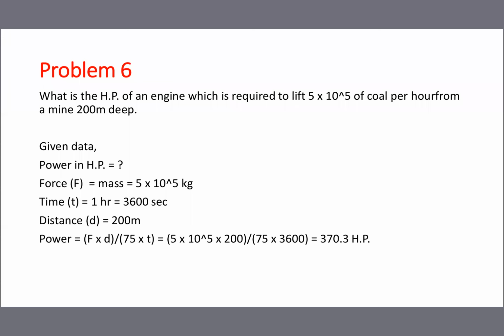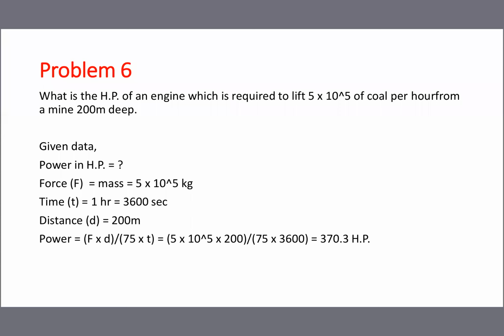F value is given data. Force F is equal to mass, 5 into 10 power 5 kg. So mass is to be taken as force. For lifting 5 into 10 power 5 kg of coal, that much force is required. Time 1 hour given, convert into seconds.